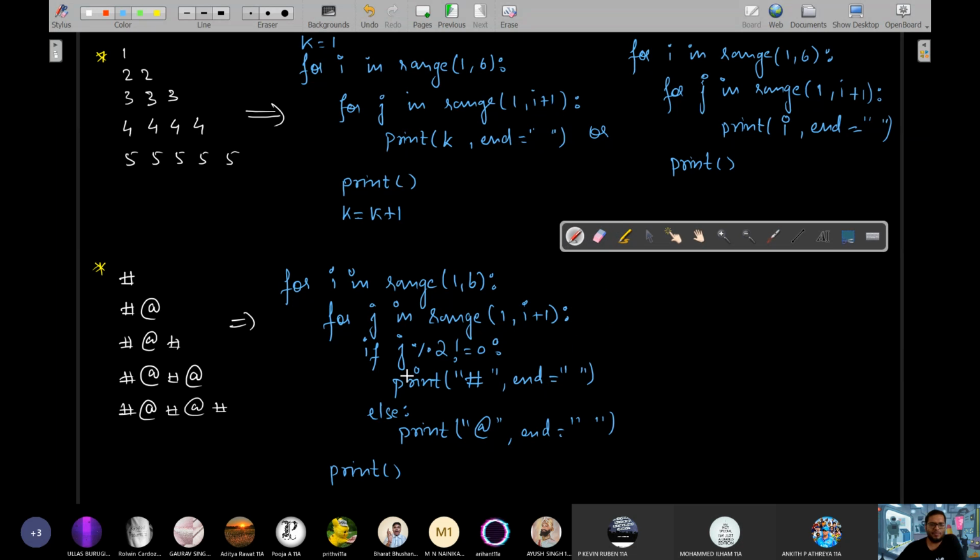Okay, so before j is printed, it will see if the position of j is even or odd. If it is even, at the rate should be printed. If it is odd, hash symbol or pound symbol should be printed. Correct? Yes, sir. Okay.